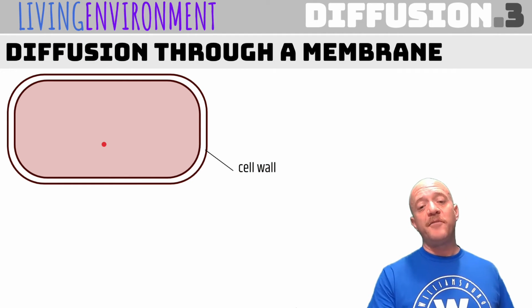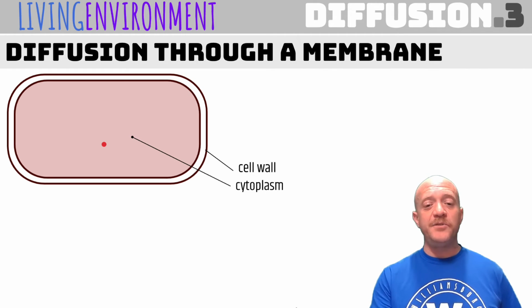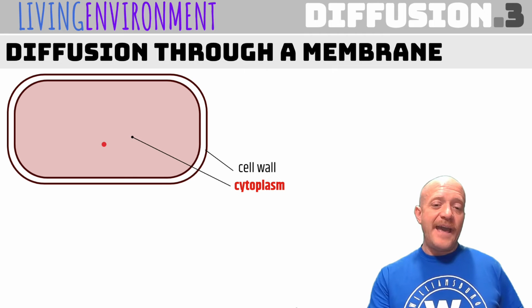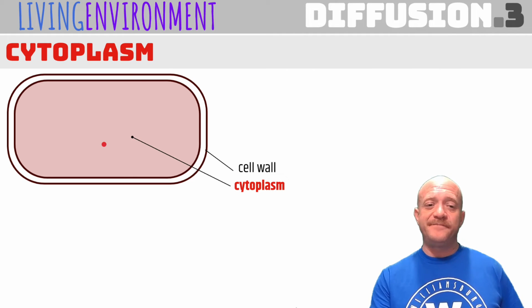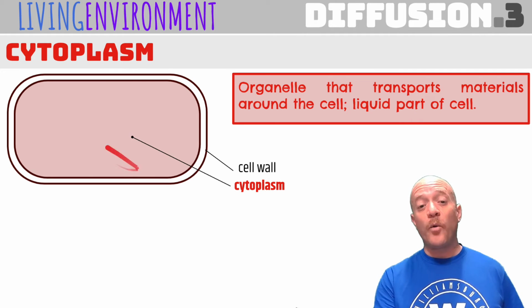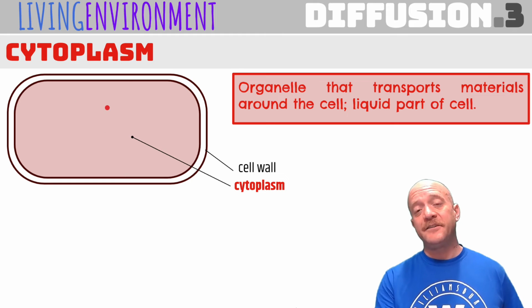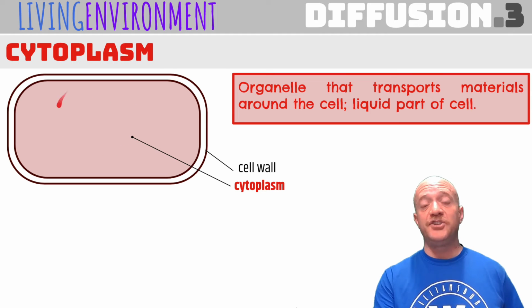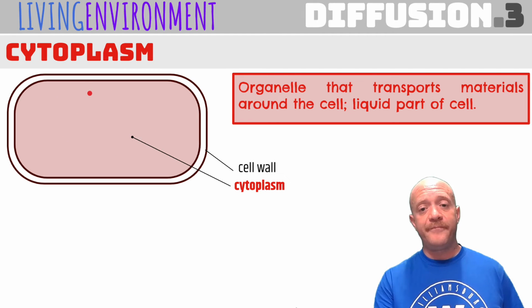Now, in this diffusion through a membrane lab, what you did is you observed the cell wall and the cytoplasm. The cytoplasm, by definition, is an organelle that transports materials around the cell. And in layman's terms, it's literally just the liquid part of the cell.